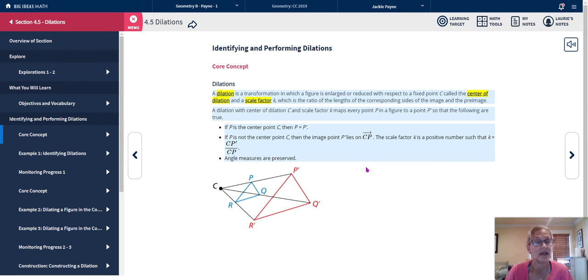The scale factor K is a positive number such that K is equal to CP prime divided by CP. So it would be from here to here, CP prime, that's the enlargement, divided by CP. That's the original. Angle measures are preserved.